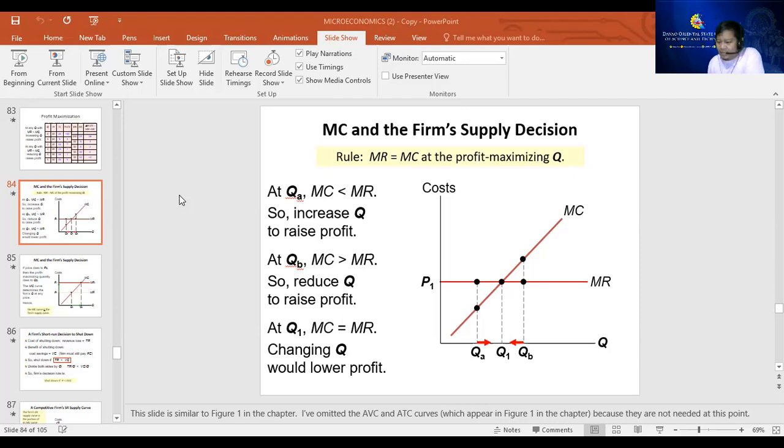But anyway, today we're going to be discussing our topic on the marginal cost and the firm's supply decision.